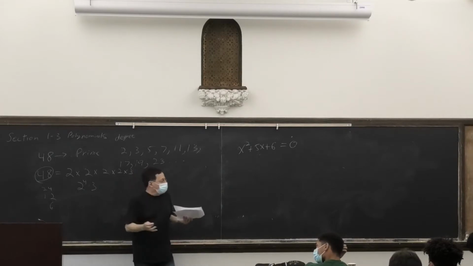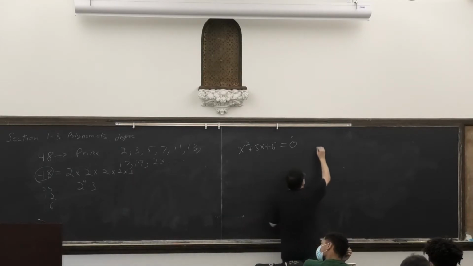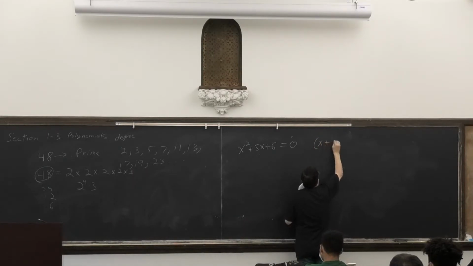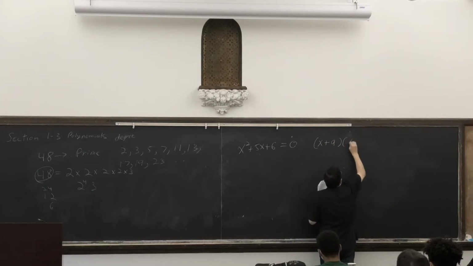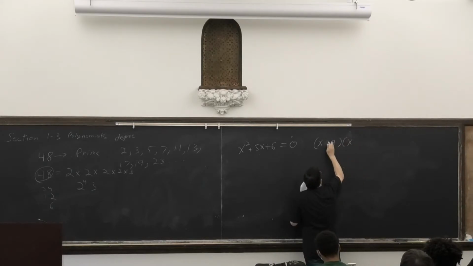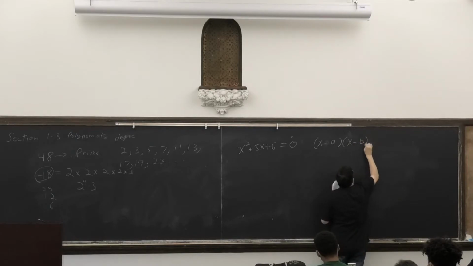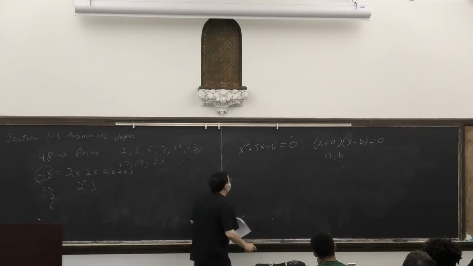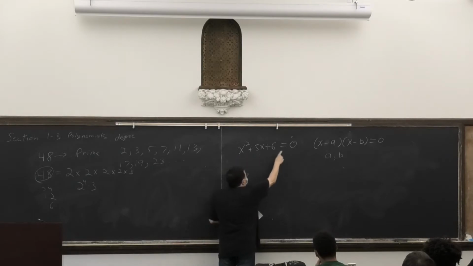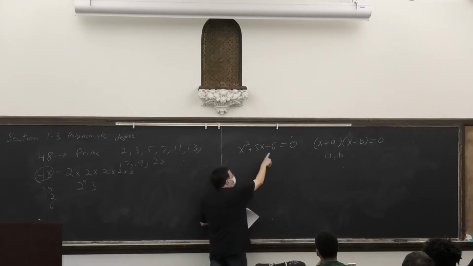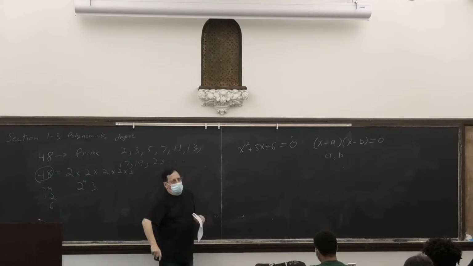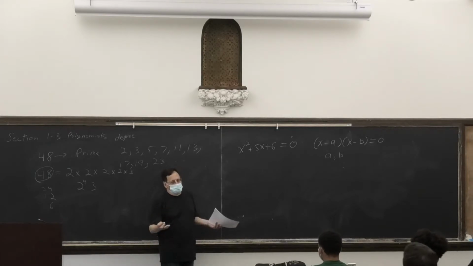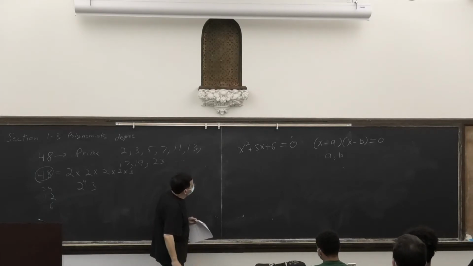And if we can factor this into x plus a and x minus b, we know immediately that a and b are roots, right? Because they'll make it 0. So this is called a trinomial, because there are 3 terms, or 3 monomials.